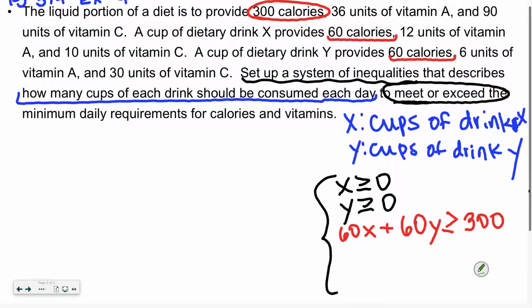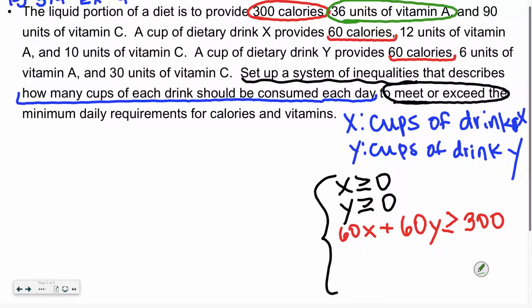All right. What's another inequality? What other information should we group together? The amount of vitamin A for the amount of units. All right. So it says 36 units of vitamin A. Now, typically, I don't think I have anything with a label on it. Typically, is it milligrams or?